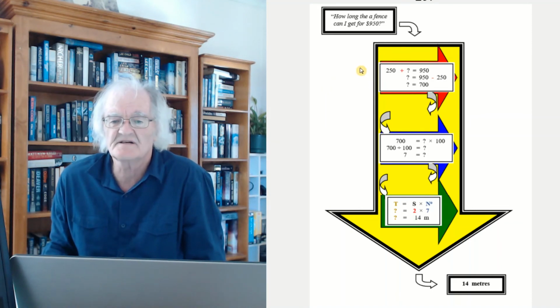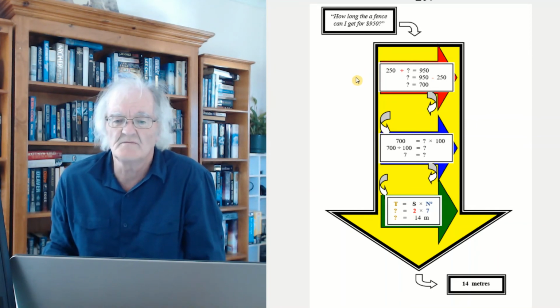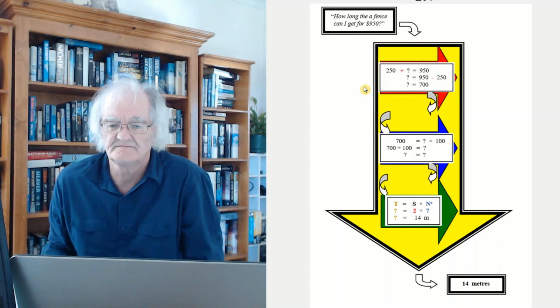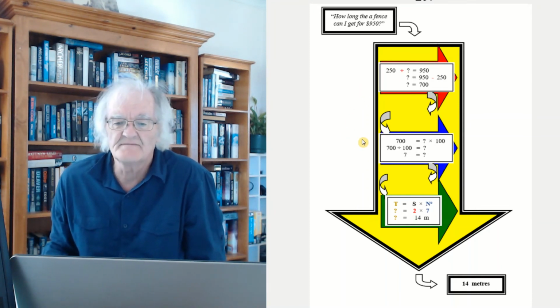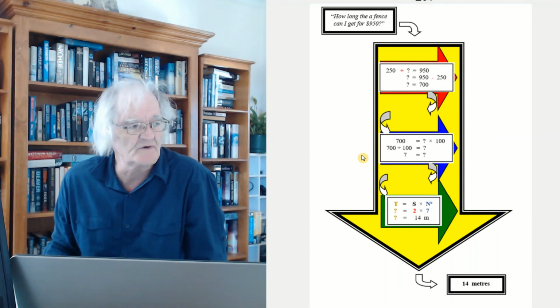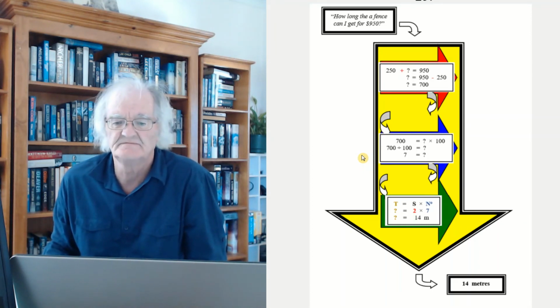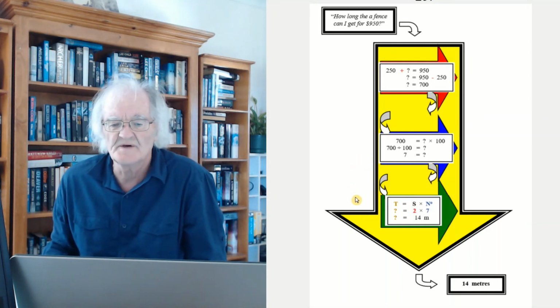First task, turn the $950 for the job into the amount of money for the fence. Then turn that amount of money for the length of the fence into the sections, which are the units by which the length is judged. And once we know that there are 7 sections, we turn that number of sections into a distance.